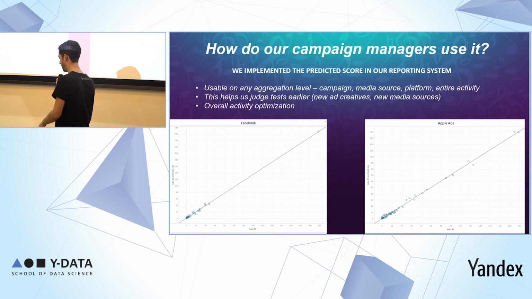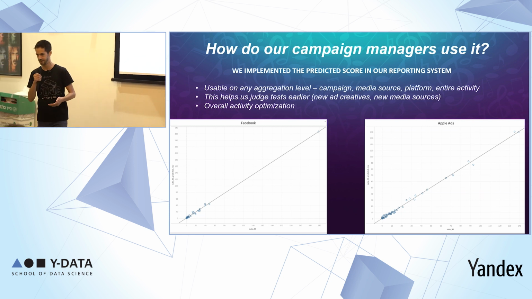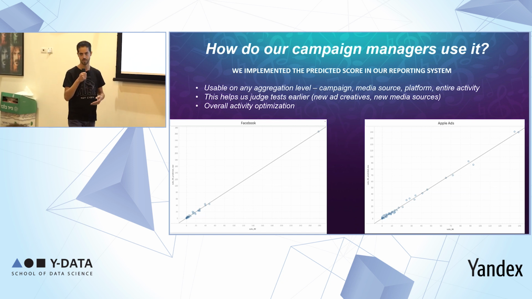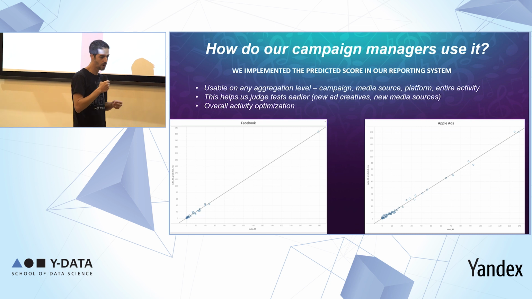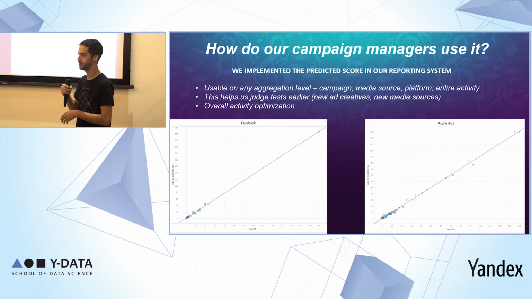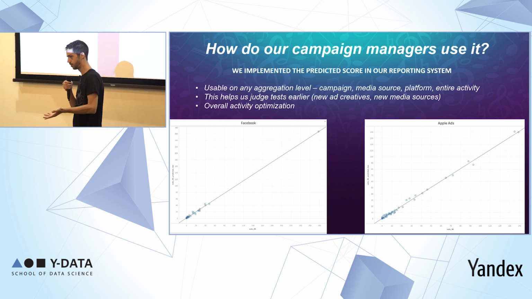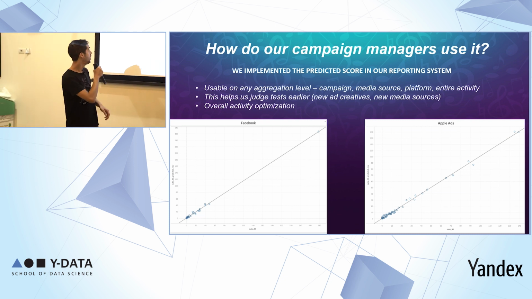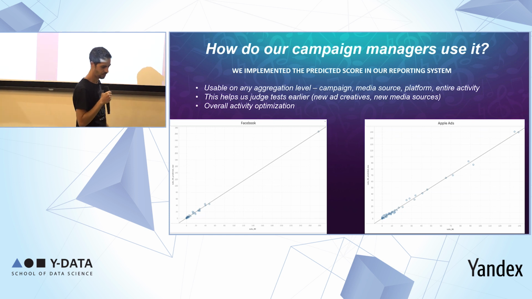Also, we constantly run tests. We have new ad creatives that our talented creative team makes, and we want to test how they perform. So we can spend way less money when we test them compared to what we had before we had the model. And we use it to optimize our activity overall.